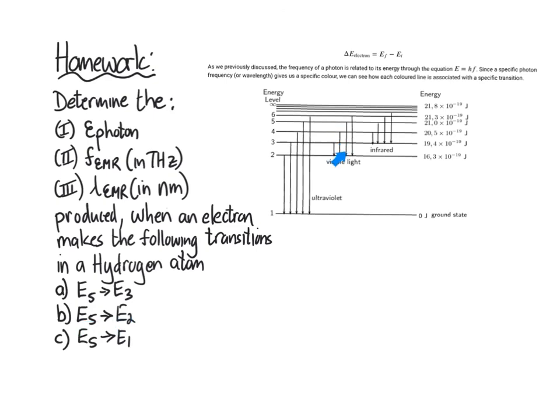So it would be that transition there, which would form part of the visible light, the Balmer series. And then lastly, a transition from energy level 5 to energy level 1, which would be part of the Lyman series, and that would produce ultraviolet light. And we will look at the solutions to these problems in the next video in this video series.